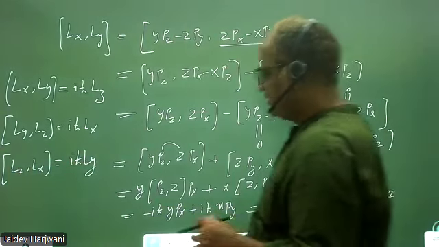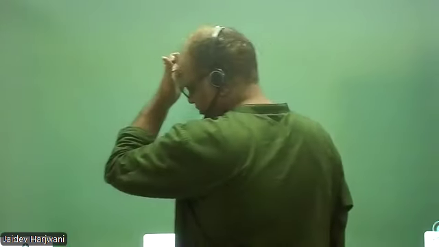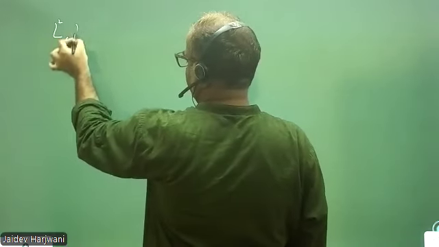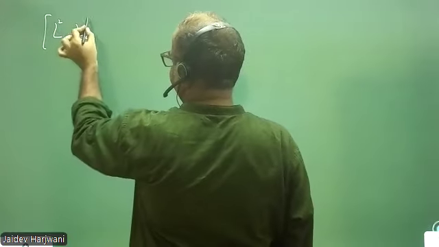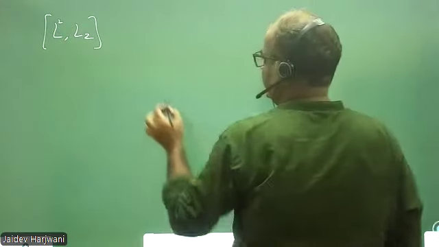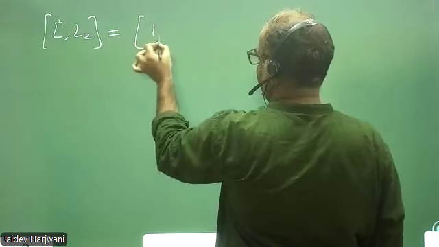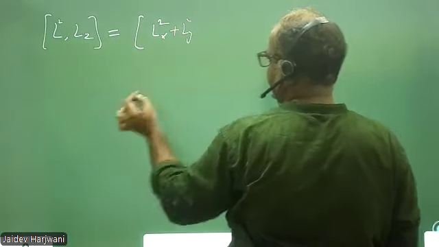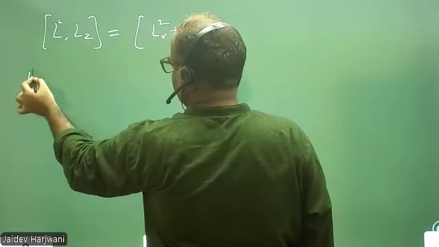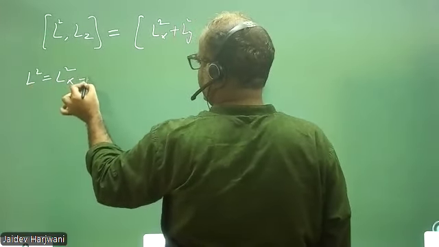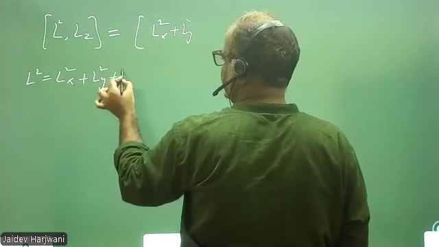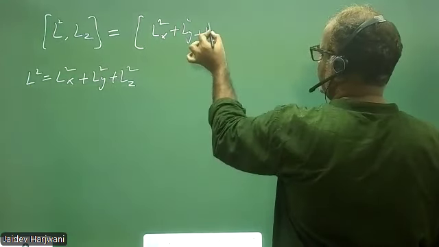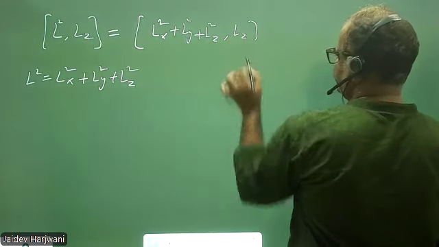Now, number two commutator relation, what I require is [L square, Lz]. So if I take L square, this will give me Lx square plus Ly square plus Lz square, and then you have Lz.